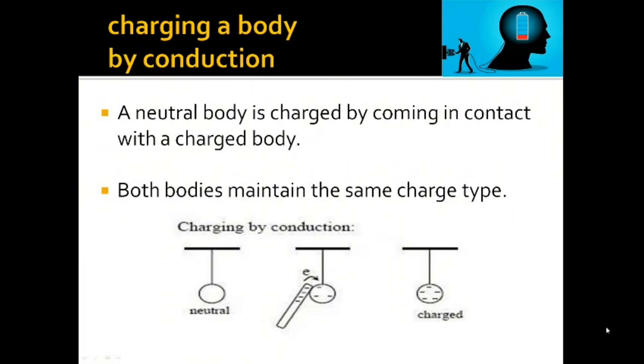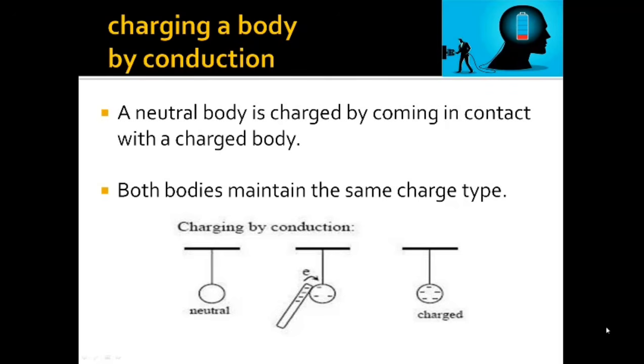What do you think will happen? Because the rod is negatively charged, the negative charges of the neutral body will run away from where the rod is touching, because like charges repel. And what happens next? Since we have free negative charges on the rod, they will be attracted by the positive charges in the neutral body. So they will run into the body.